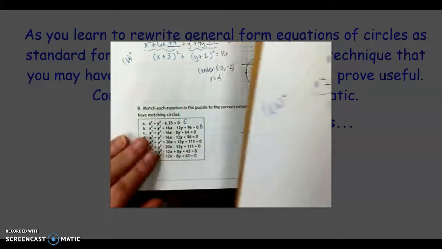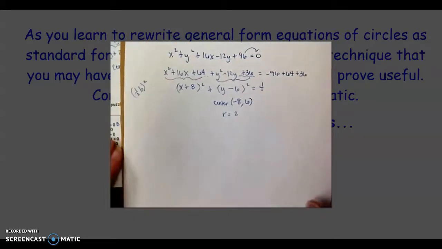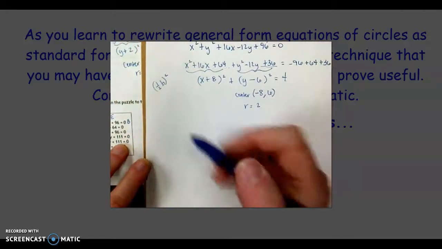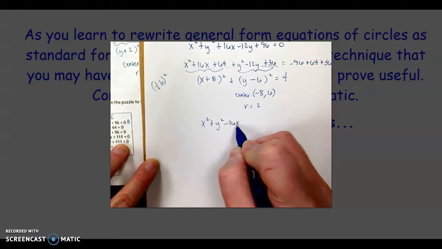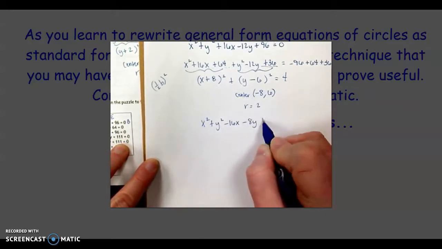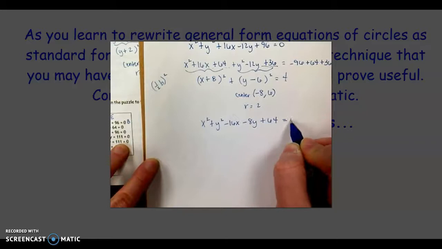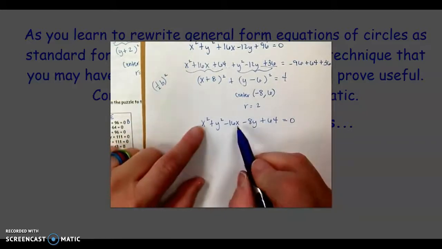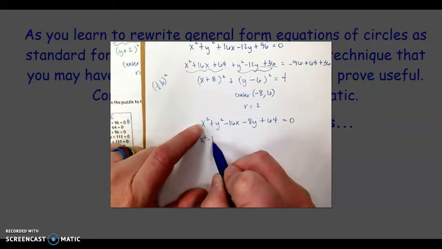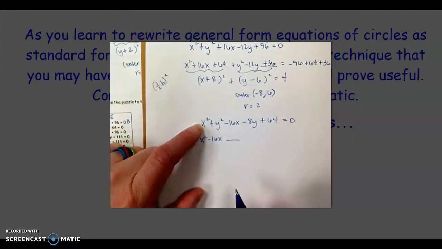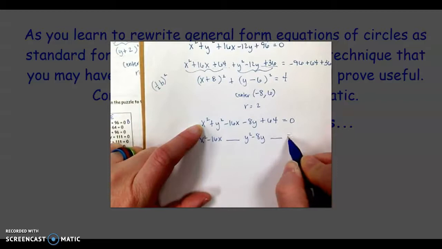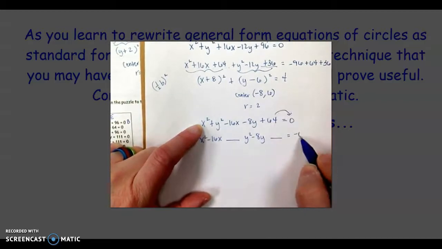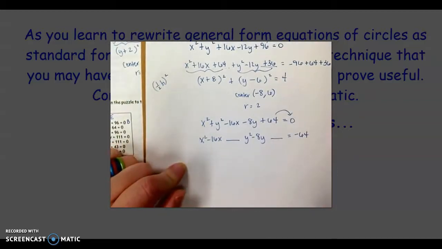So let's look at C. We'll do that together. So we have x squared plus y squared minus 16x minus 8y plus 64 equals 0. So putting my x squared and x term together and leaving a blank, my y squared and my y term together, leaving a blank, and bringing that 64 over and changing its sign.